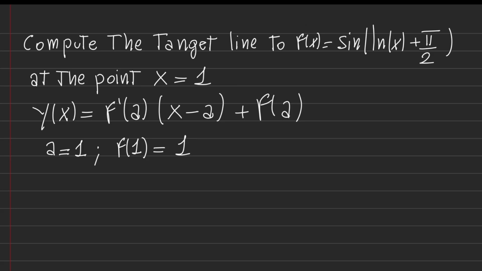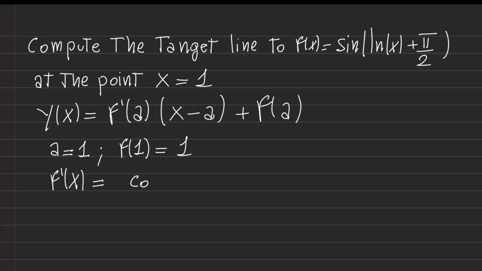And now we have to compute the derivative, so f prime of x is equal to what? This is a chain rule, so first we compute the derivative of the sine, which is the cosine of the log of x plus pi over 2, times the derivative of the log, which is 1 over x.